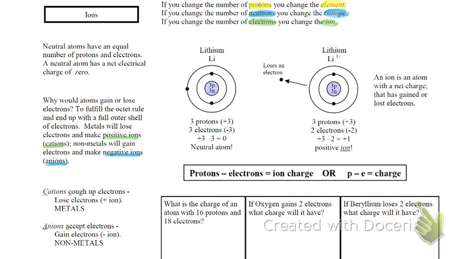They gave us an example here with lithium. Lithium has 3 protons, 3 neutrons, and normally 3 electrons. So a positive 3 plus a negative 3 is 0, they cancel each other out, and that's neutral. However, if lithium lost one of its electrons, we'd have a positive 3 and then a negative 2.